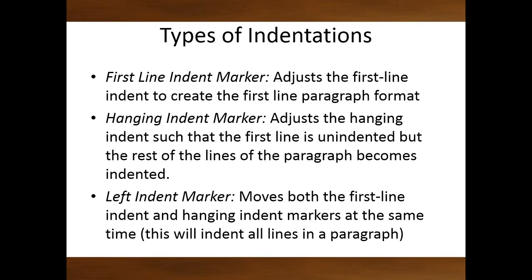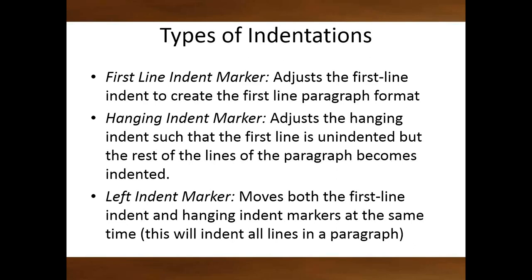Then we have the left indentation created with the left indent marker, and here the left indent marker moves both the first line indent and the hanging indent markers at the same time. This will indent all lines in the paragraph.